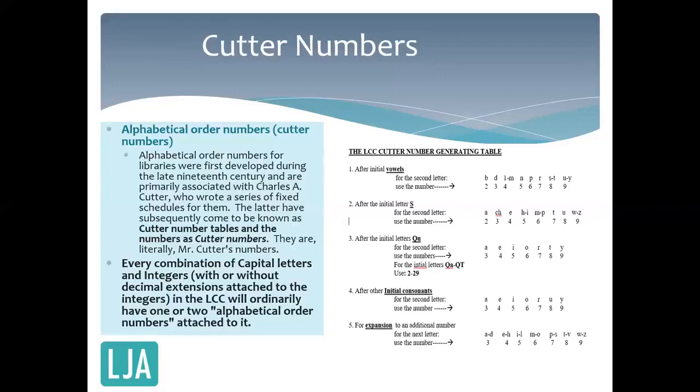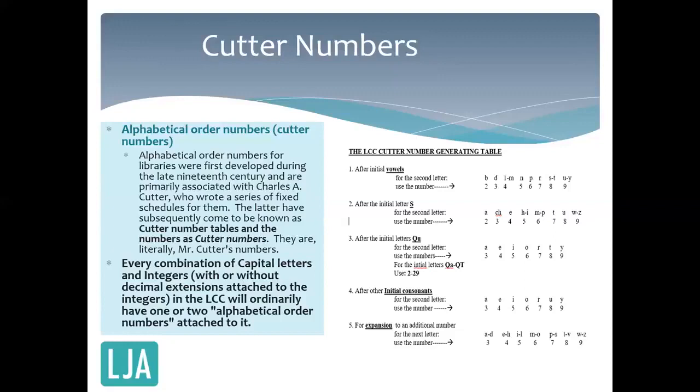And so you've come up with that part of your call number from the LC classification guide. And then you're going to cutter by my name. So it would be F. And then, I'm not on the list, so it's not an initial vowel. It doesn't start with a vowel. It doesn't start with S. It doesn't start with QU. So it's going to go in this fourth bucket after other initial consonants.